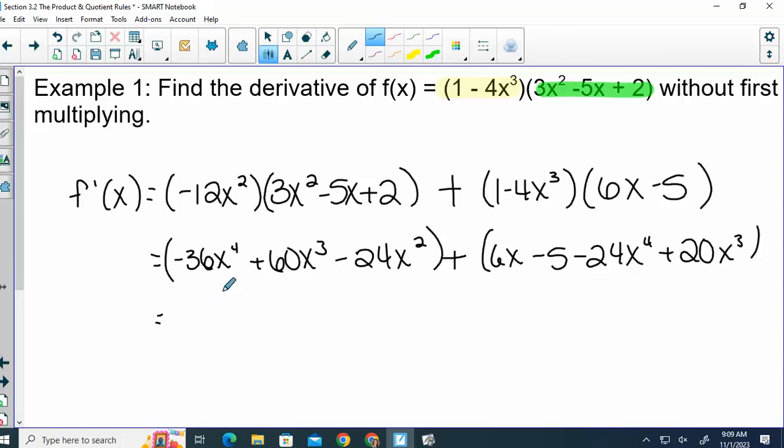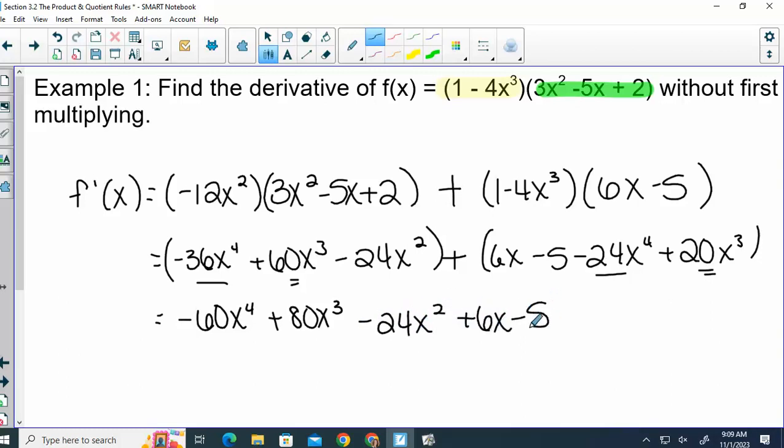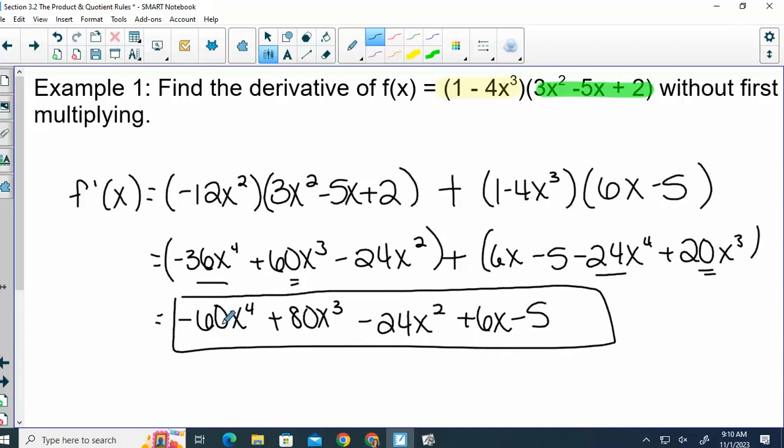Add like terms, so negative 36 and negative 24 will be a negative 60x to the fourth plus 80x cubed minus 24x squared plus 6x minus 5. Any questions on that?